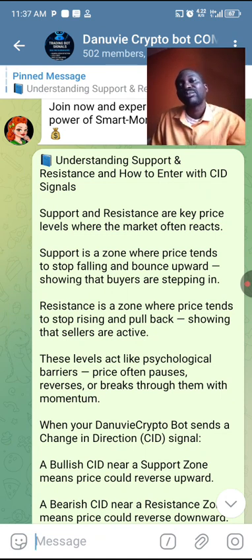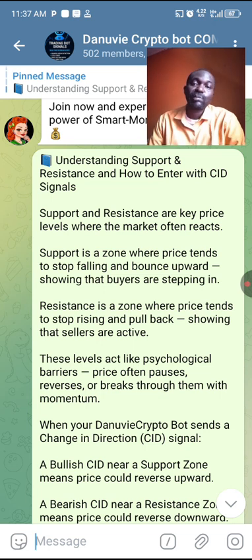Now, let me explain this. In the markets in general, whether it is forex or cryptocurrency, there are places in the market where the big players and the banks are looking to make decisive decisions about where price goes to next. These areas in the market are what is known as support and resistance.